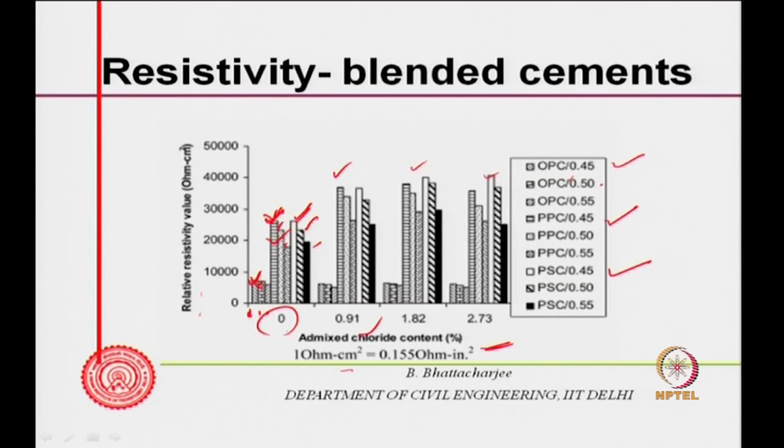But with high chloride, OPC did not change much, while relative resistance change was there in PPC and PSC. So, you can see that against chloride, blended cement performs much better.